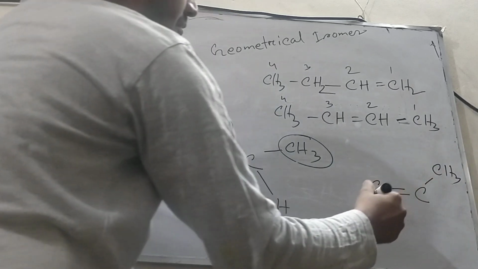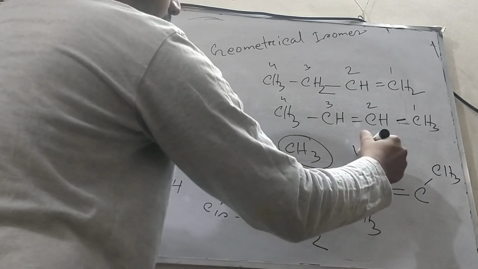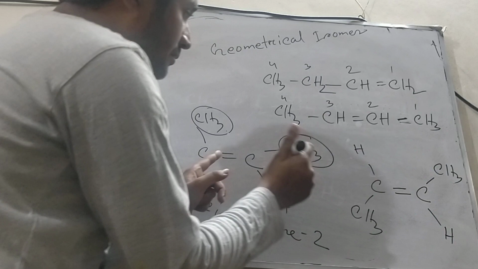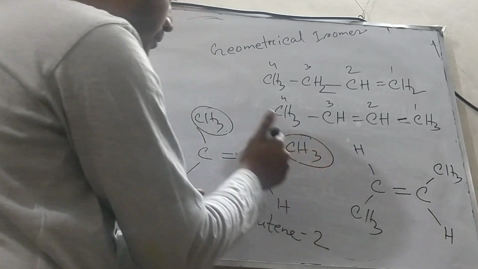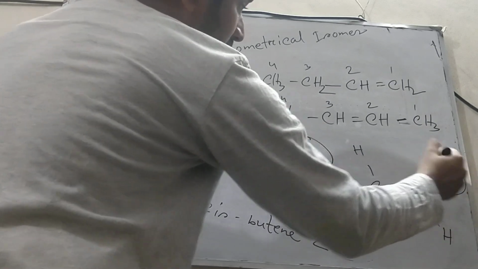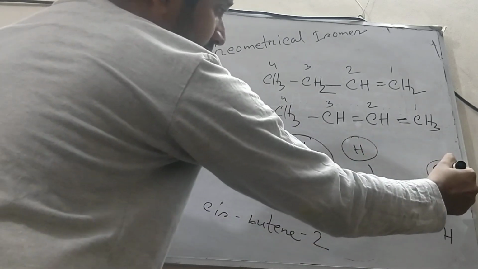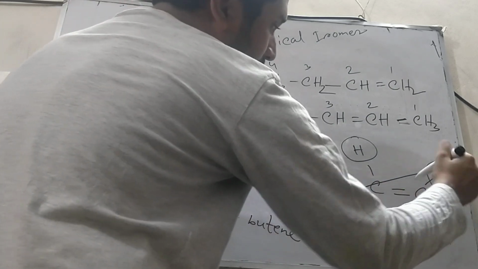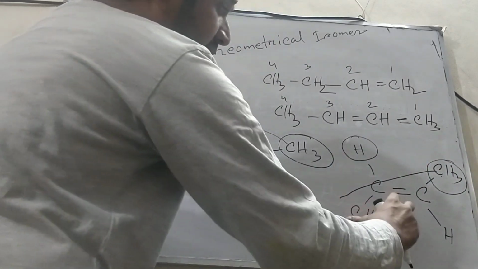And CH3, hydrogen, and here is hydrogen. So you can easily notice the difference of the location of the same type of group. There is methyl, but there is hydrogen, and there is methyl, and here is also methyl. So the relation is very clear here.